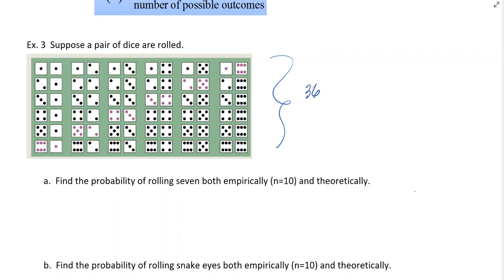Now, let me point out one thing that students generally get confused on. Students will look at this dice roll of a 2 and a 1 and think it's the same exact roll as the 1 and the 2. Although I can roll those two different scenarios, and they're both going to add up to the number 3, they're actually not the same roll.